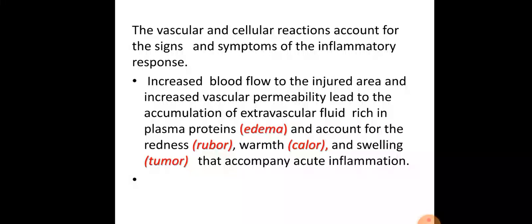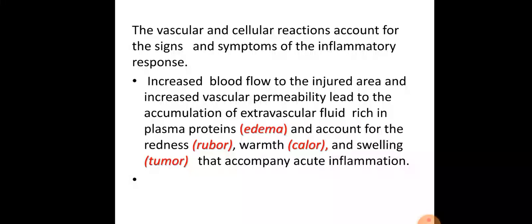So when we see the swelling and the edema at the site of the inflammatory area, it indicates there is extravasation of a fluid rich in plasma protein, which we call exudate, at the site of the inflammation.